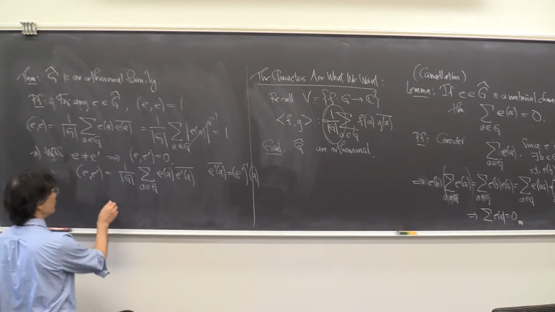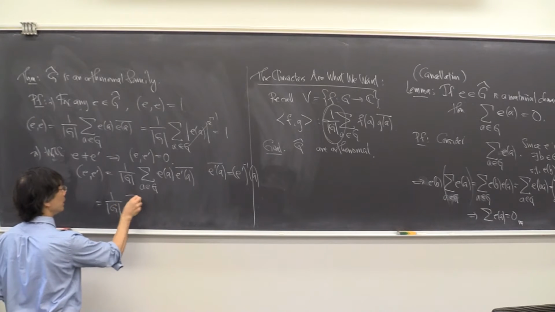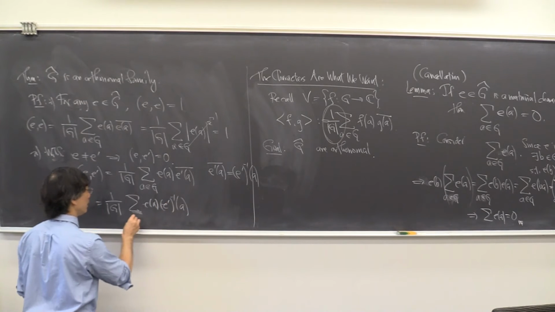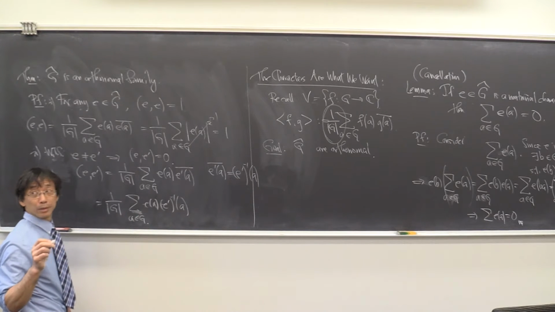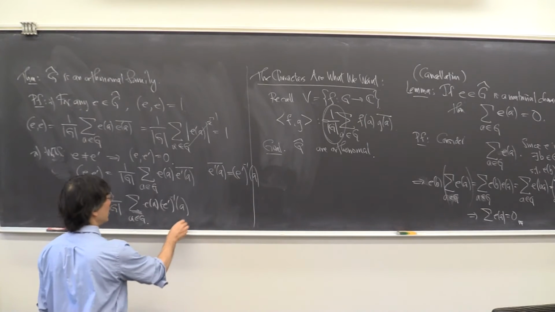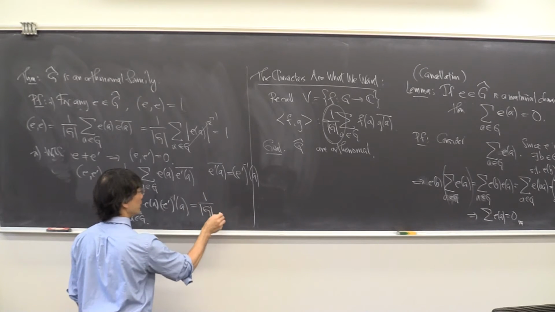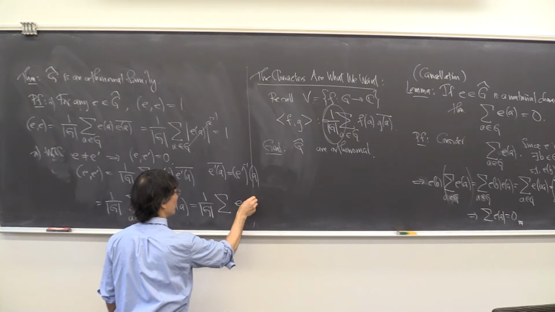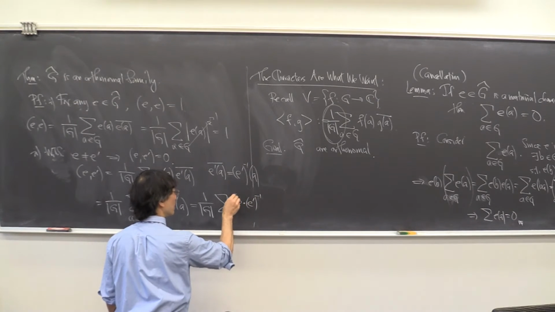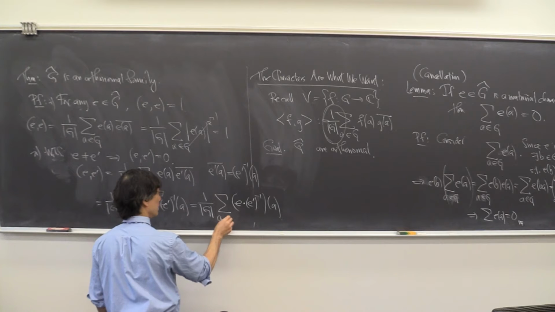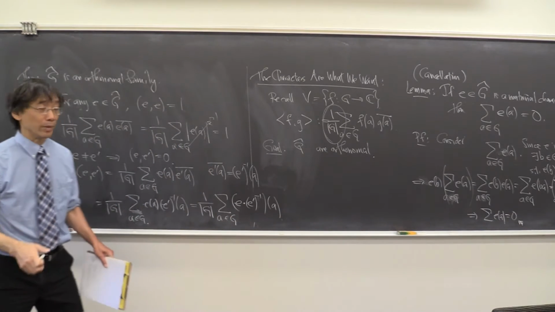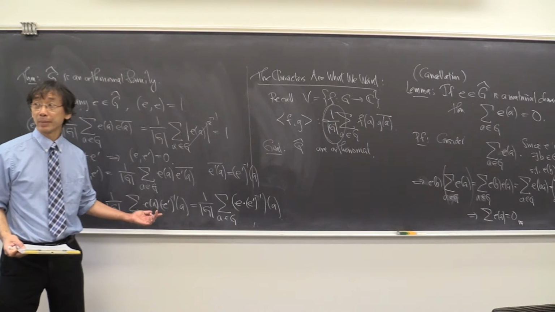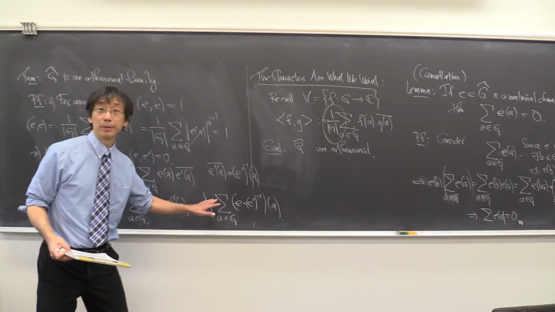So what you get here is 1 over the order of G, the sum of E of A times E prime inverse of A, as A ranges over G. But that is the same thing as 1 over the order of G times the sum of E times E prime inverse evaluated at A, as A ranges over G, using the group law. Is that okay?